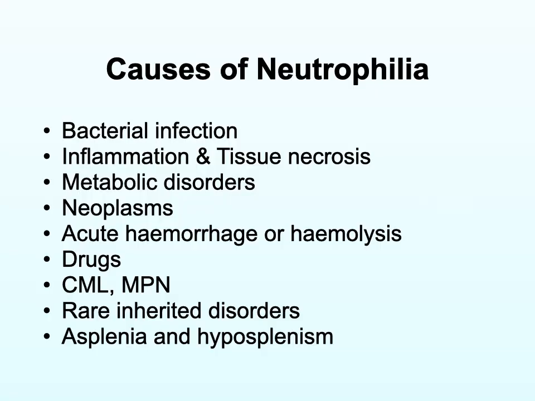So the most common cause is bacterial infections, particularly by gram-positive cocci. Other causes of neutrophilia are inflammation and tissue necrosis, metabolic disorders, neoplasms, acute hemorrhage or hemolysis, drugs, chronic myeloid leukemia, myeloproliferative neoplasms, rare inherited disorders, asplenia, and hyposplenism.